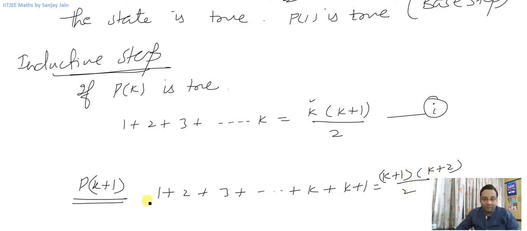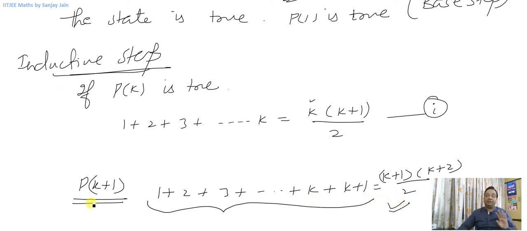If I am able to prove that this is equal to this, then I will be able to say that P of k plus 1 is true, right? And then by principle of mathematical induction, we can say that the statement P of n is true for all n belonging to natural numbers.